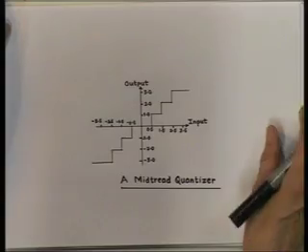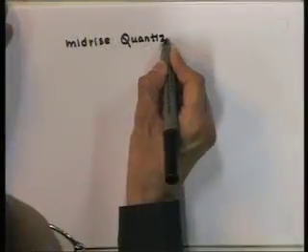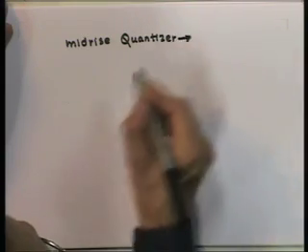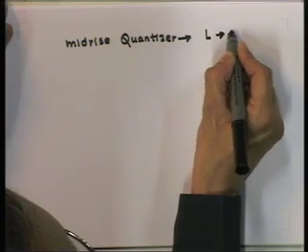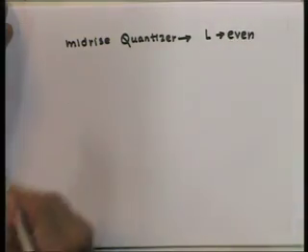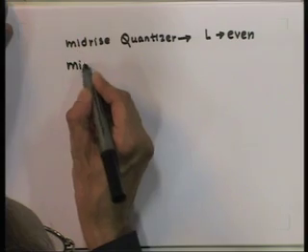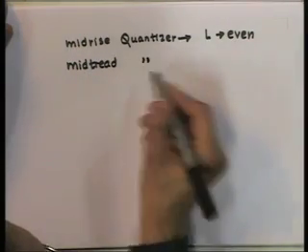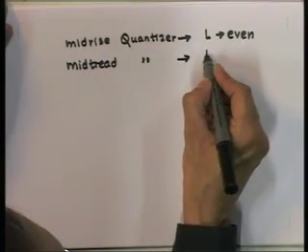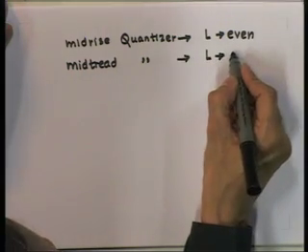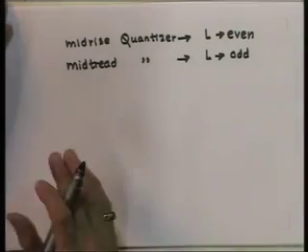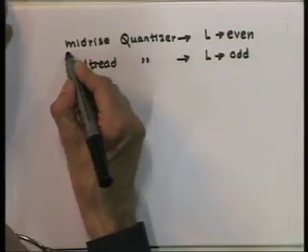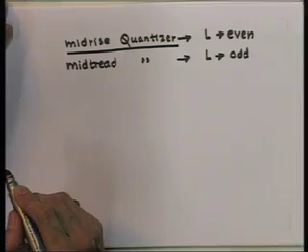Usually, we use a mid-rise quantizer if the number of reconstruction levels, that is L, is even, and we use a mid-thread quantizer if the number of reconstruction levels is odd. Now, for our discussion, we will assume a mid-rise quantizer.